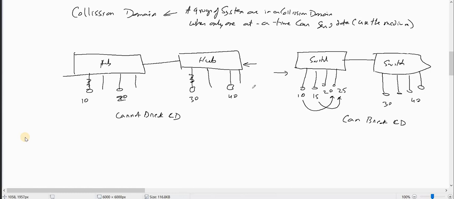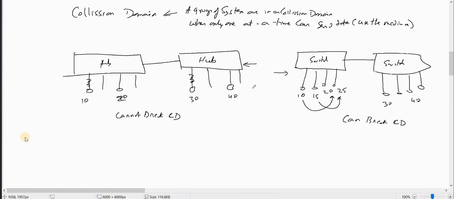So initially, a hub and a switch are the same because they flood. So if you go with that argument, then for the first time, the switch should have collisions. No? Hub and switch both should have collisions for the first time. Afterwards, the switch will learn the MAC address and it will break the collision domain. But for the first time, the switch should have it. No? And the answer is no, the switch won't have it even for the first time.